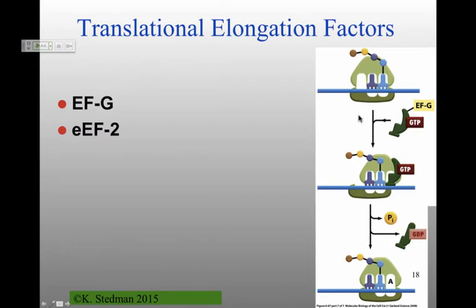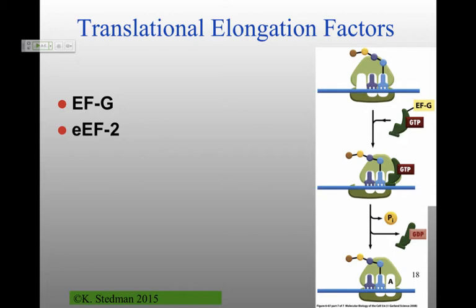The way you do that is through another GTPase, also an elongation factor, conveniently elongation factor 2 in eukaryotes, EFG in bacteria. But basically, I like to think of this as the protein which basically kicks the ribosome along.